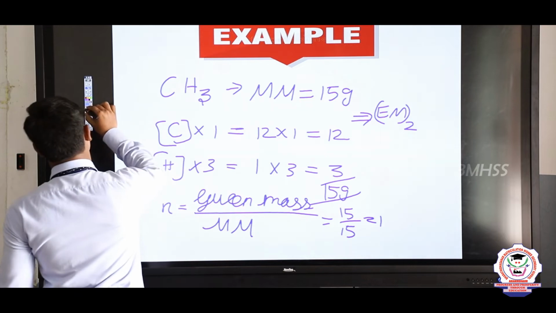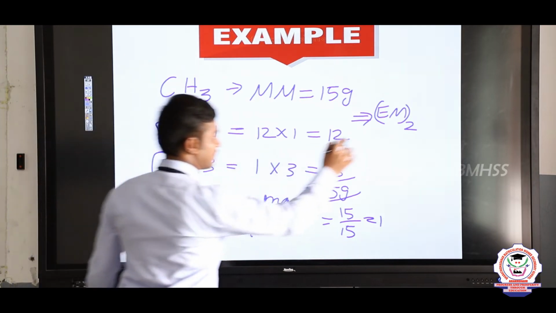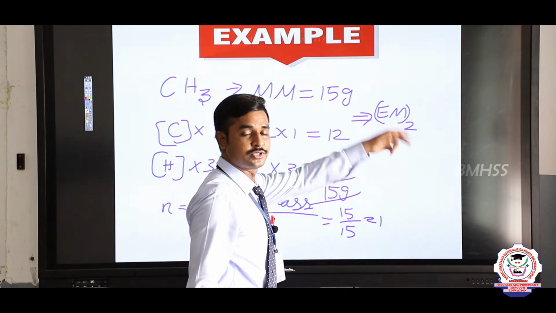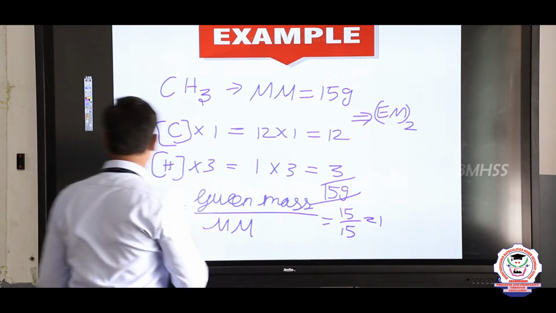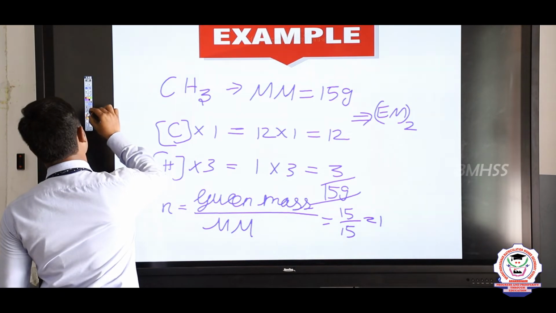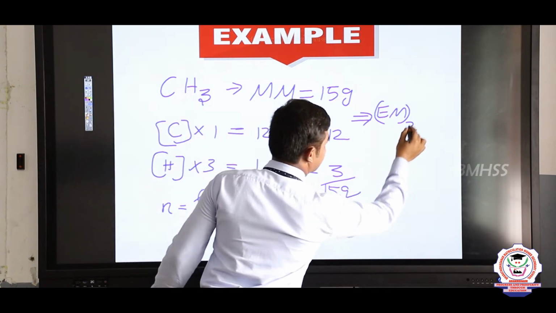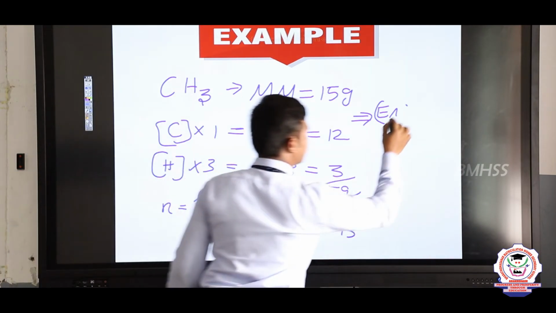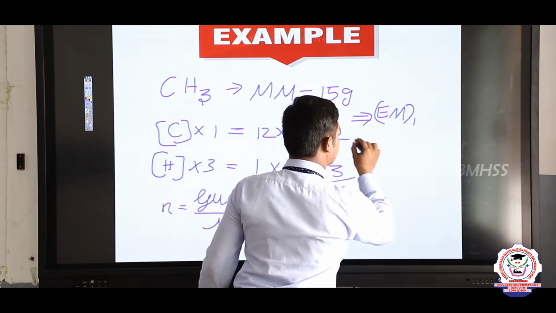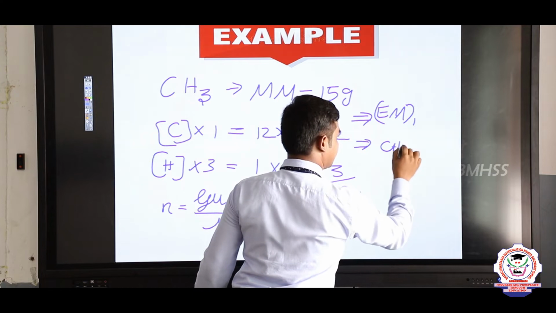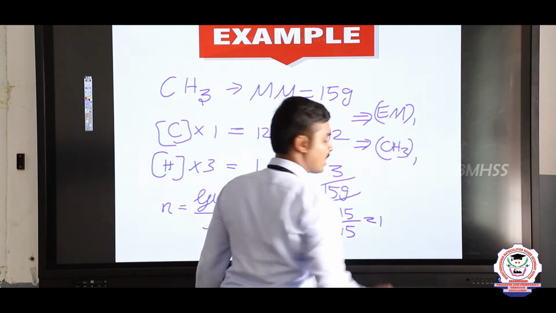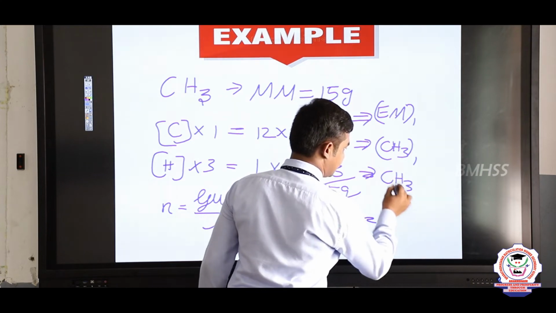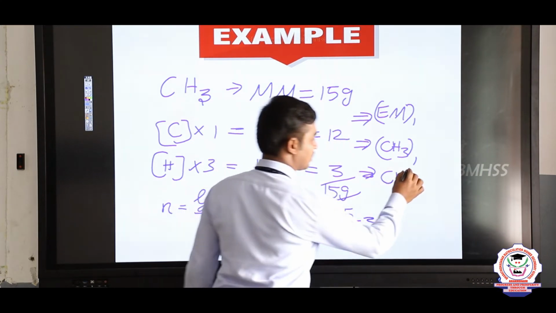For example, if we get n as 2, the empirical formula is multiplied twice to form the molecular formula. Now, we have only 1 as n, so the empirical formula is multiplied by only 1. We have the empirical formula CH3, 1 time, so we have CH3 as the molecular formula.